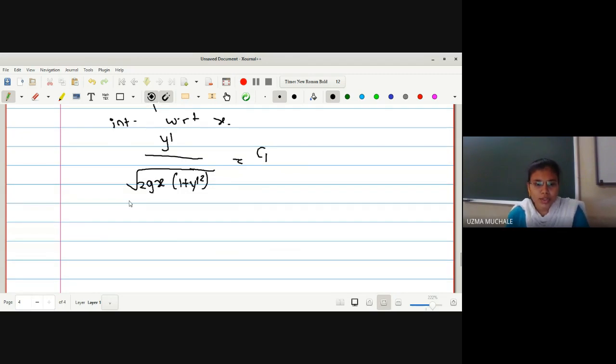Okay, so this root 2 also we can take, right? Root 2 is also a constant term, no? So if I take this root 2 here, it will be nothing but c1 into root 2, so that I can rename. y dash upon under root of x, this g is also a constant, so we can keep g also here.